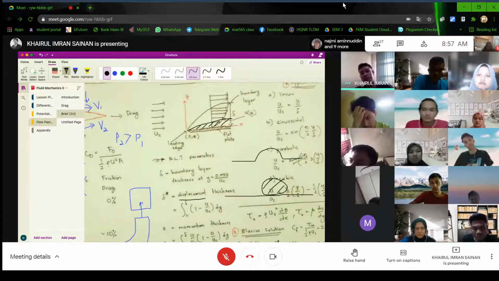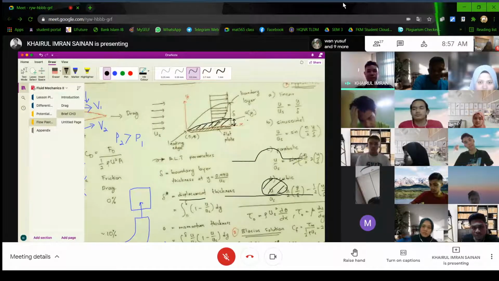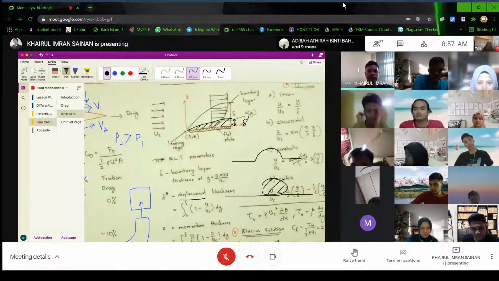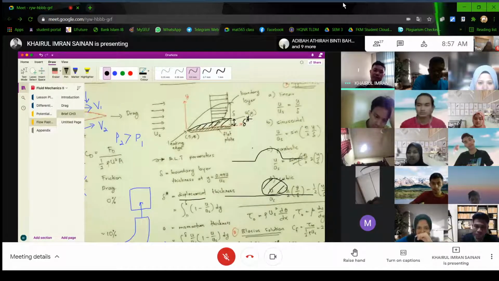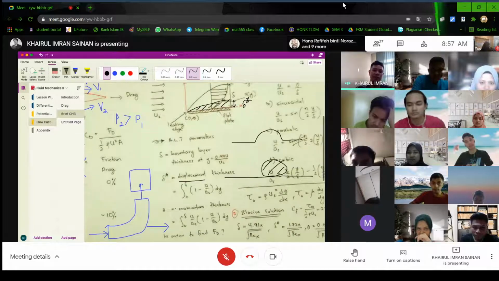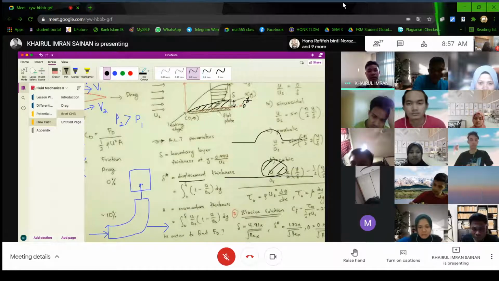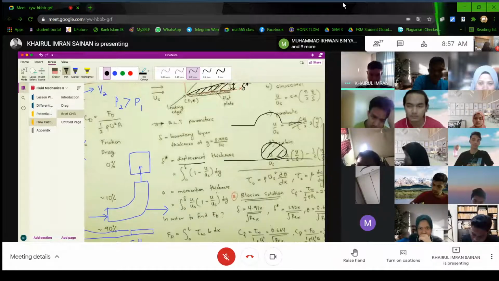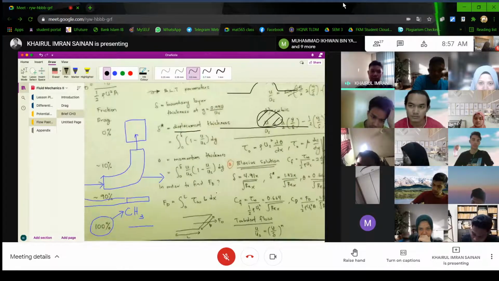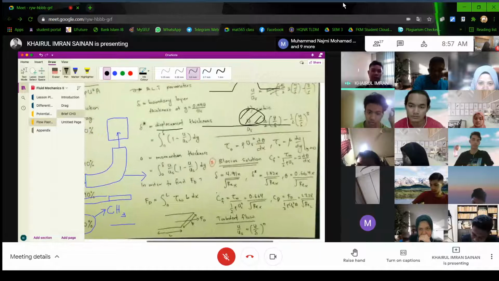So it grows, and this height is delta star. So how do you calculate it? Use this one: from 0 to delta, 1 minus u divided by u star.